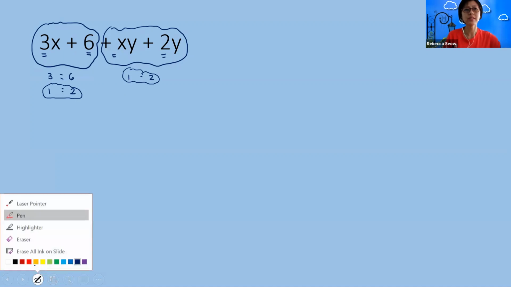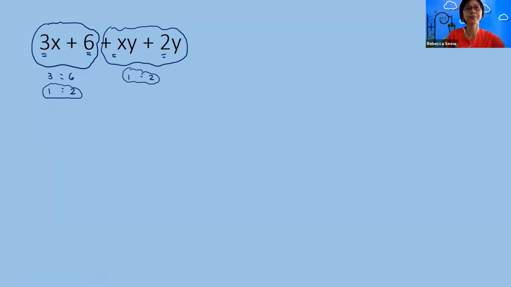What I'm going to do next is put a bracket in already and separate 3x plus 6 from xy plus 2y. And from here, in each bracket, I'm going to factorize out similar terms from the two separate terms in each bracket. So we have 3x plus 6.